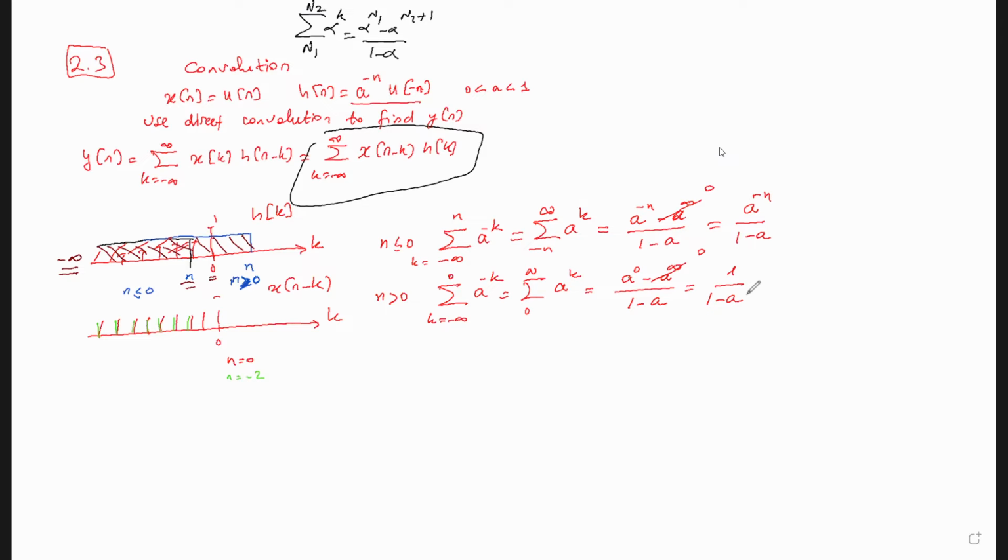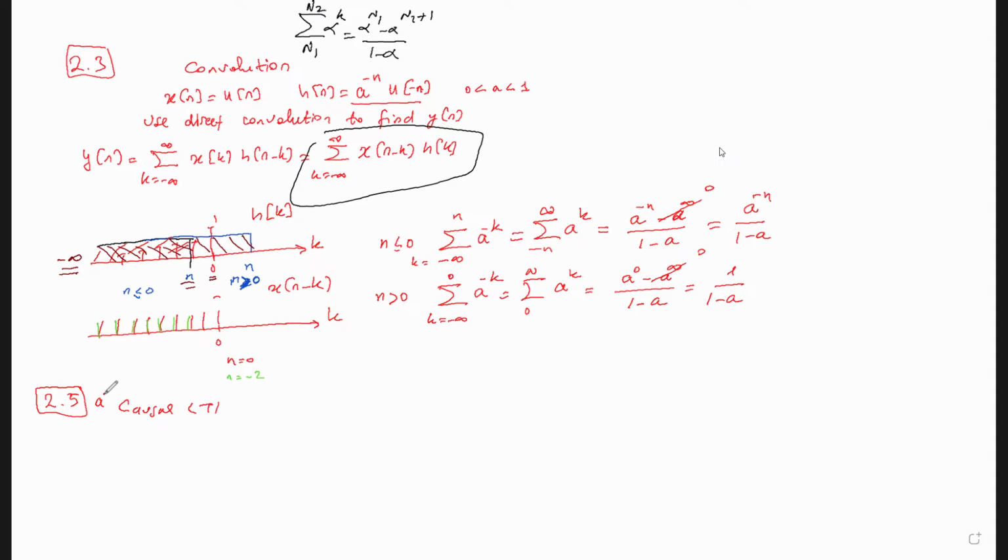Next question is about homogeneous solution of difference equations. It's another concept that we have studied. So that's 2.5 from the textbook. We have a causal LTI system.